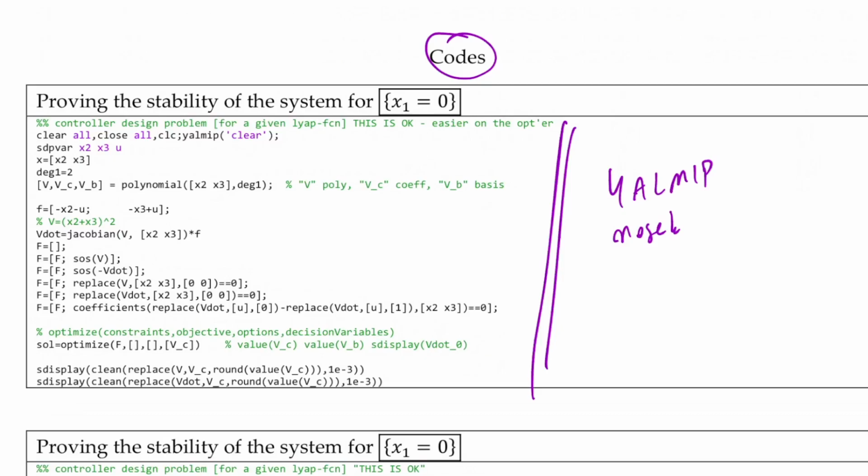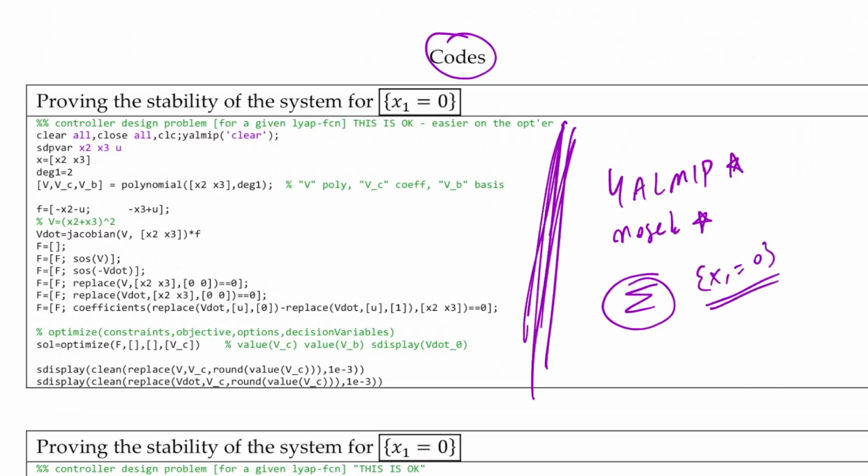And what more do we have? You only need MATLAB and MOSEK or SDPT3. This part is related to the part that we discussed in the beginning of the video, meaning the stability proof for a given dynamical system, stability on a set.